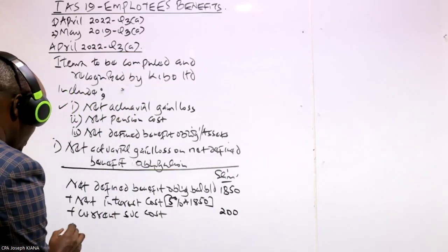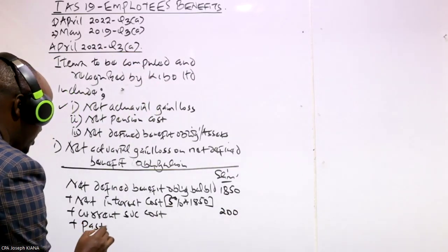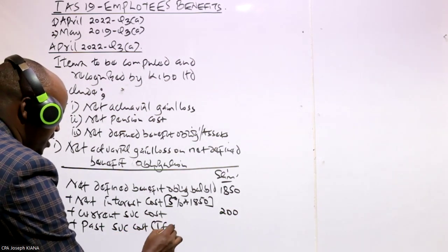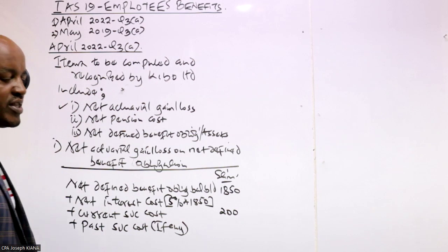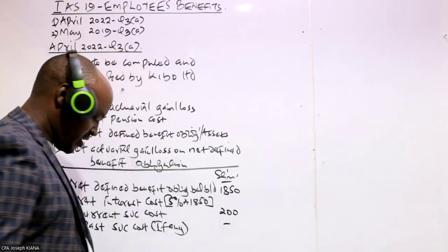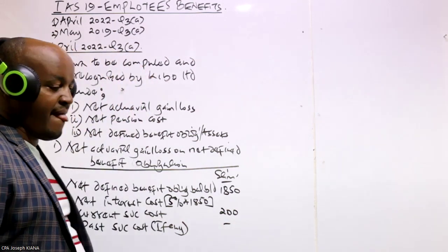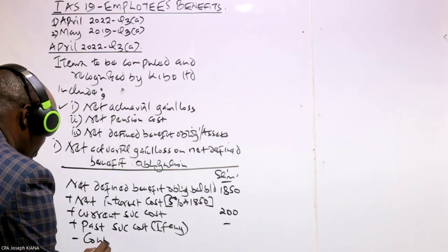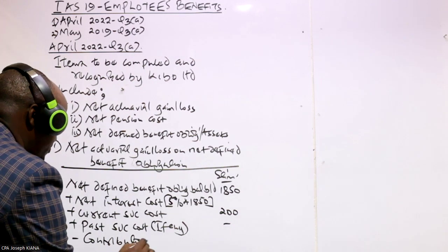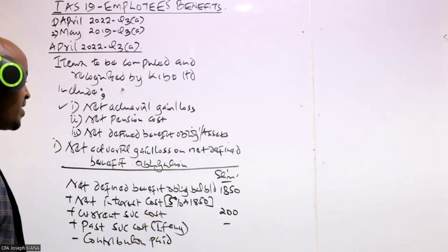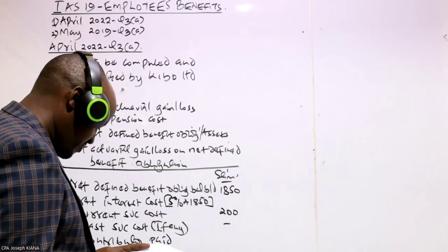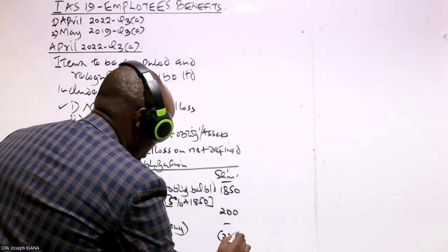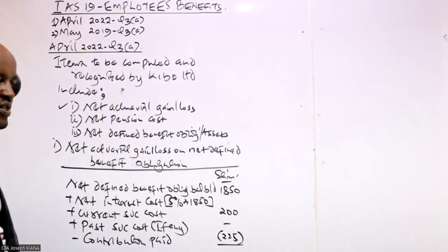And then to this, we also add the past service cost if there was an improvement which occurred during the current financial year. And if you check the information which is provided here, we don't have any past service cost. And then to this, we deduct the contribution which was paid by CPA Limited to the retirement benefit scheme. We're given that as a figure of 225.